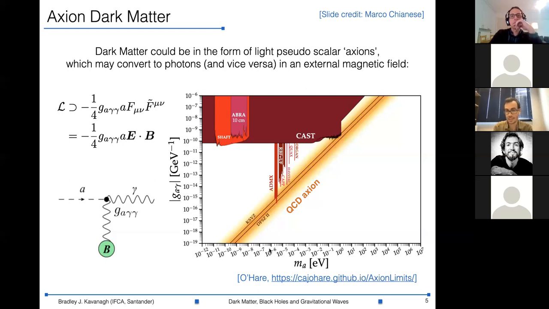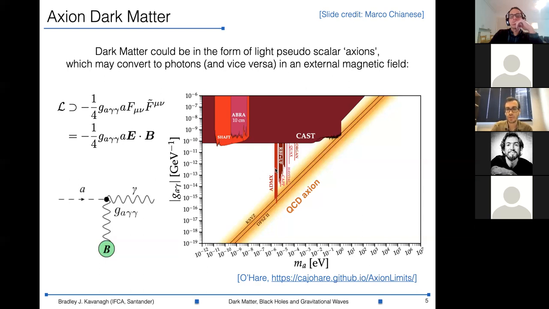Okay, and so there's this nice, well-motivated particle, and you think, well, it's all around us, and so maybe we can detect it. And for axions, it turns out that there's a coupling between the axion A and the electromagnetic field strength tensor. And so what that means is that in a strong magnetic field, an axion should be able to convert into a photon.